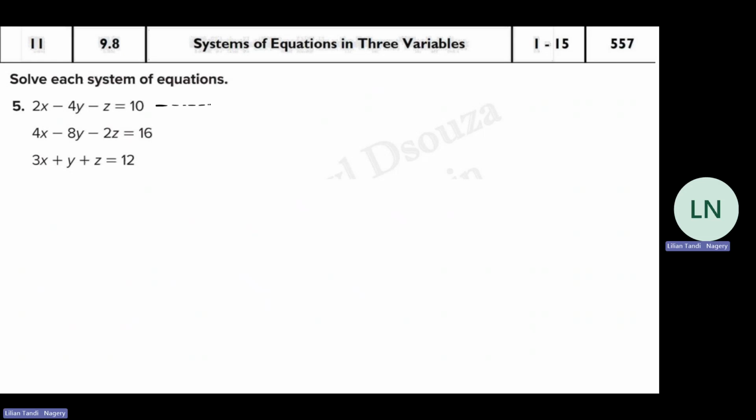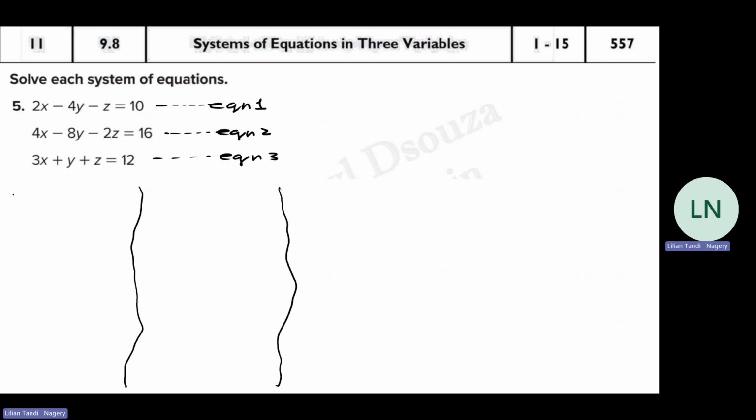So here I have equation 1, here I have equation 2, here I have equation 3. The process continues. Here you have 2x minus 4y minus z equals 10, and 4x minus 8y minus 2z equals 16. Equation 1 and 2, and who am I eliminating?